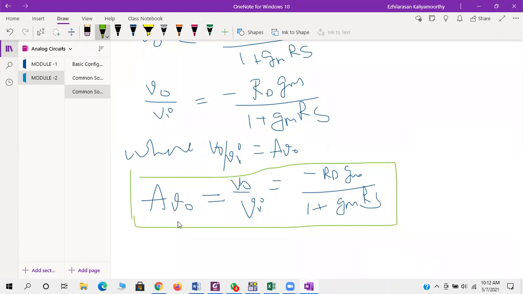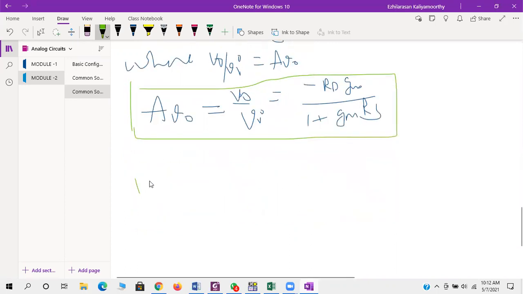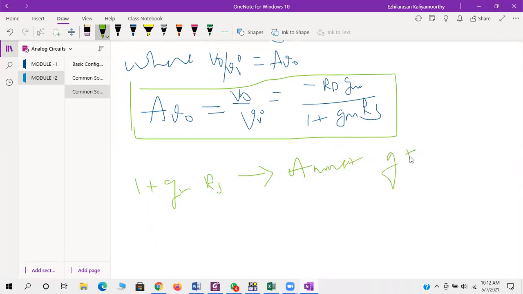At the same time, this 1 plus GM RS will introduce the amount of feedback by RS. It is also the same factor by which bandwidth and other performance parameters will get improved.